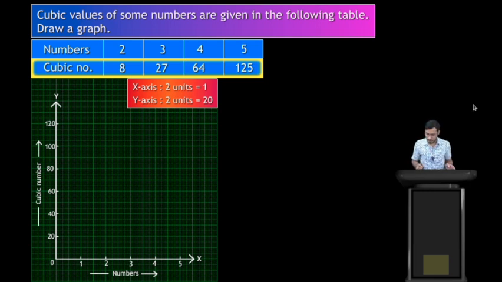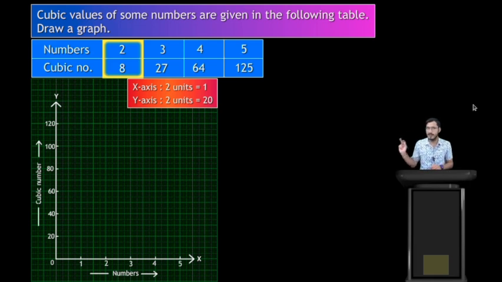Okay, now one by one we plot the points. So here first point is 2 comma 8. So on the x-axis you can see point 2. Now taking height 8. So here 2 comma 8. Now next one, 3 comma 27.